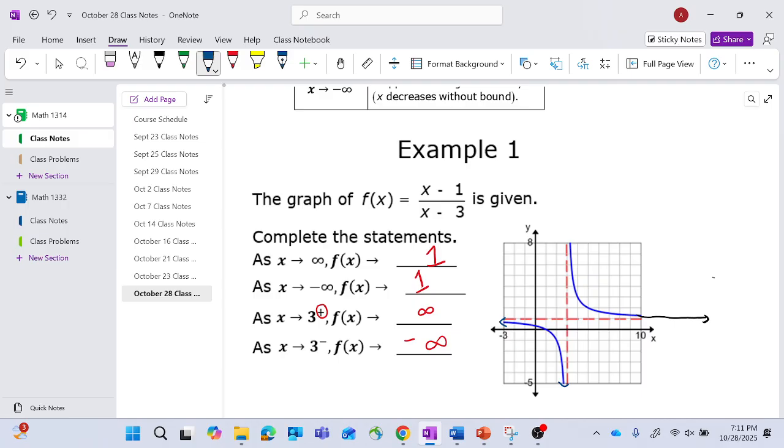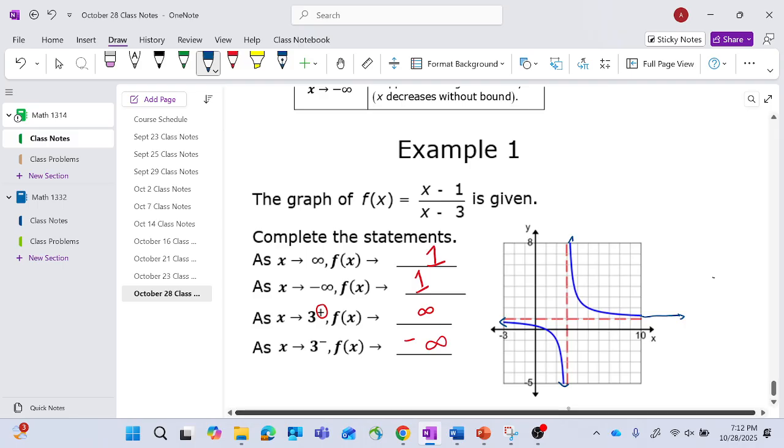So start from the left side and go to the right, then it gets broken up by this vertical asymptote. Then you pick up again from up here and keep going this way. It starts at negative infinity, and it stops at 3, then it picks up again right after 3 and keeps going to positive infinity.